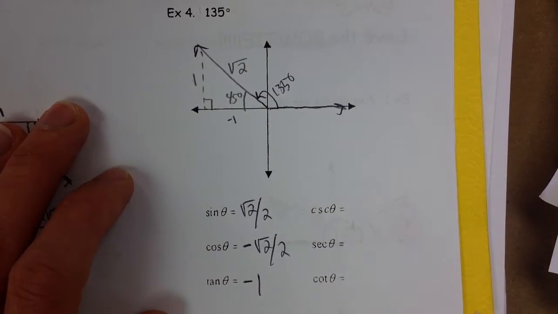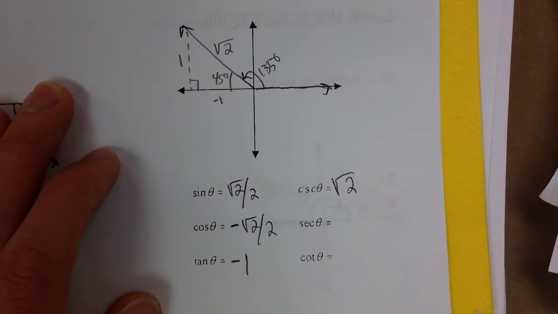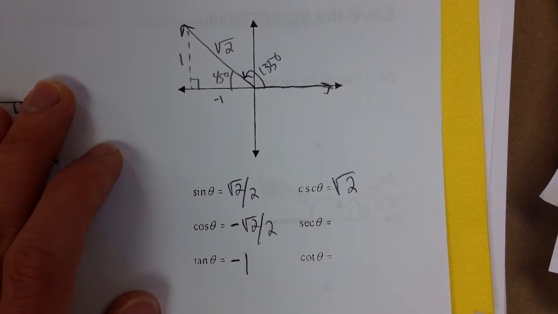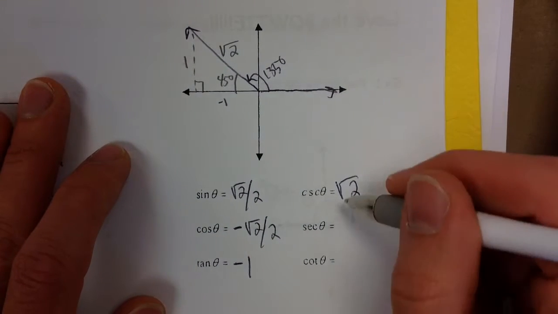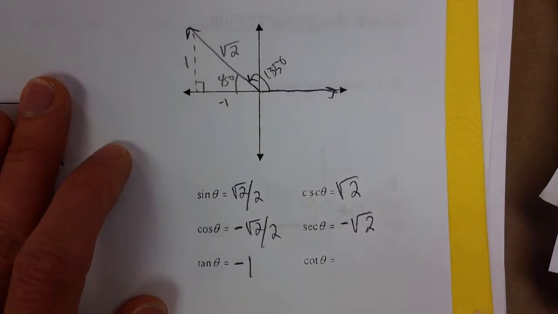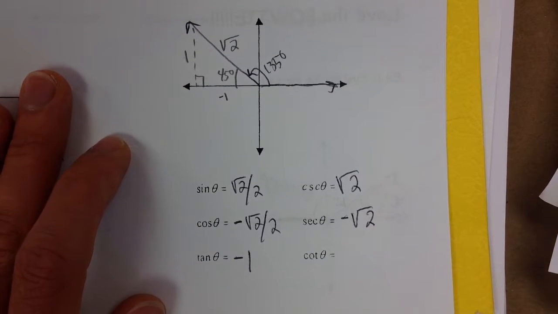Good. Jessica, cosecant of 135 degrees. Positive √2. Good. Val, secant of 135 degrees. Negative √2. Good. Gabe, cotangent of 135 degrees. -1.